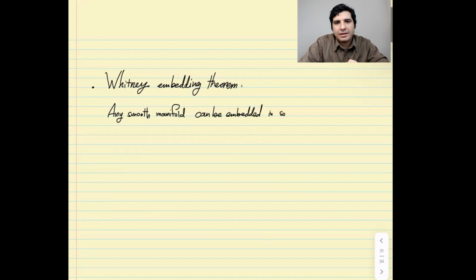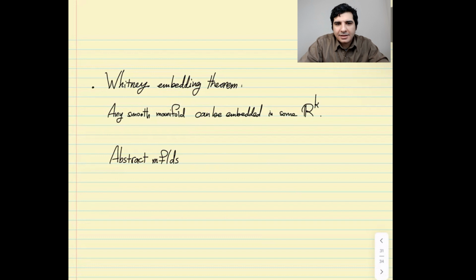So Whitney's embedding theorem says any smooth manifold can be embedded in some Euclidean space Rk. K is not equal to the dimension of our manifold. K might be a much larger number. In fact, there is a bound on K.